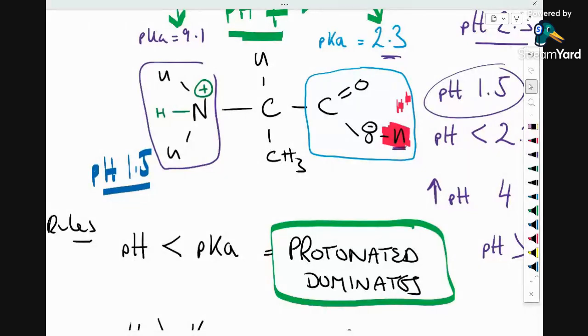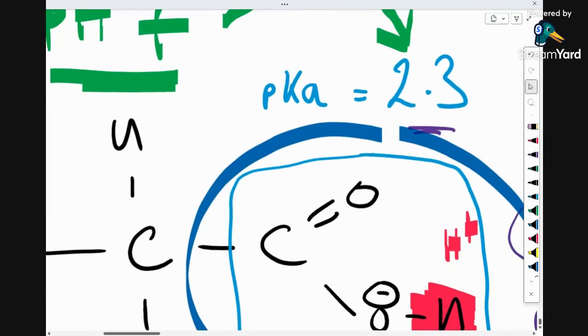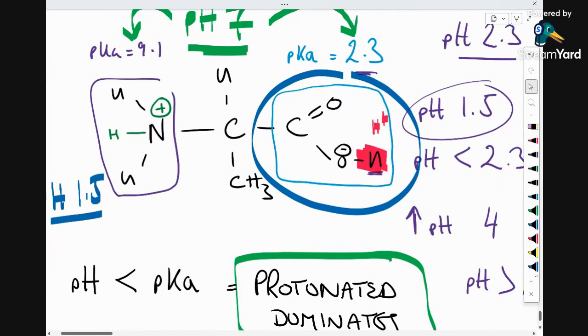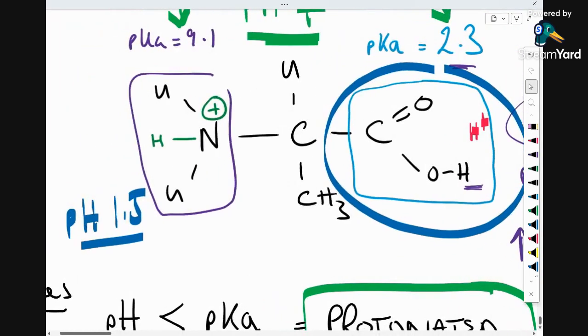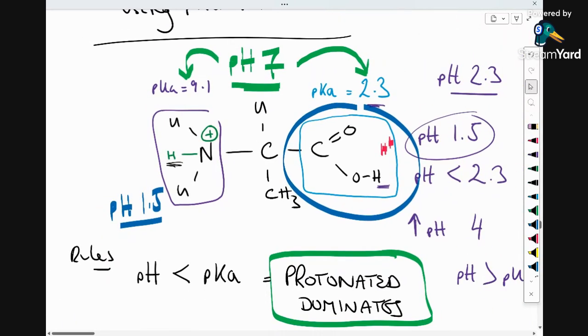However, for the carboxylic acid group over here, 1.5 is far less than 2.3, the pKa value for the carboxylic acid group. Therefore, it's going to be in its protonated form. So at pH 1.5, it would look like this, where you'd have a hydroxyl group on the carboxylic acid group, and the proton would be on the amino group as well.